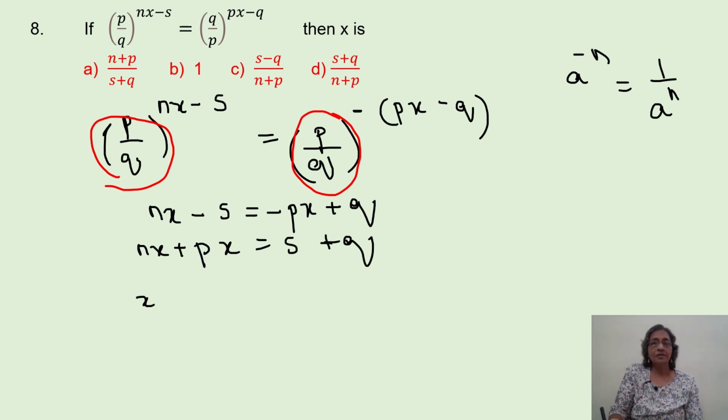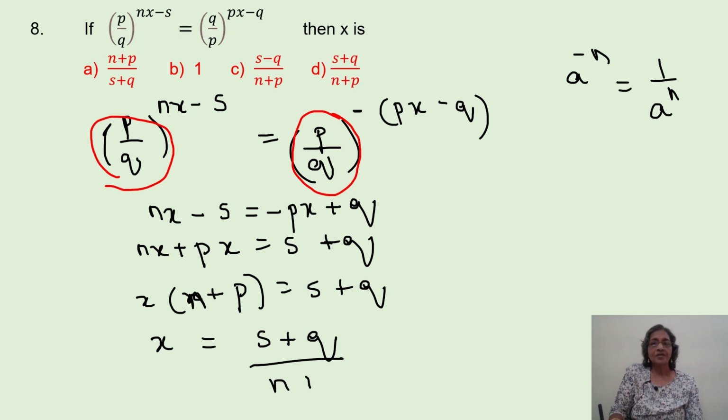Take out x common. Sorry, this is n plus p. And x would be s plus q upon n plus p. Look at your options. The fourth option, that is option number D, is going to be the correct one.